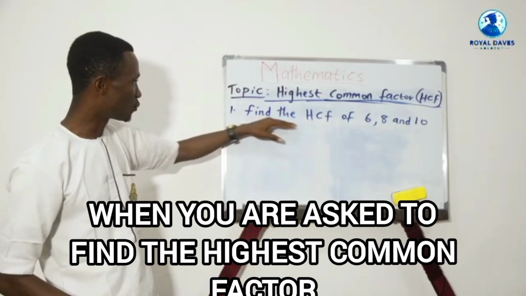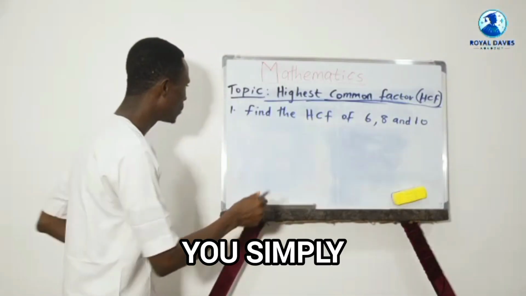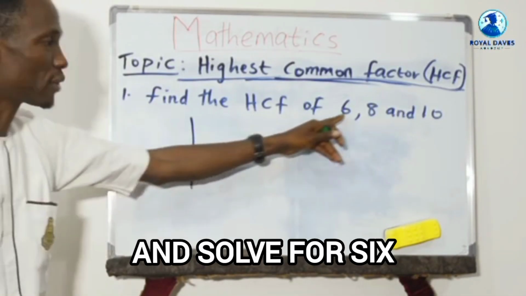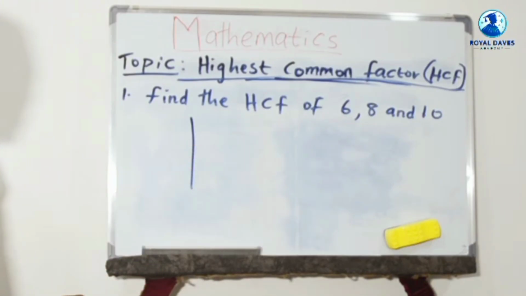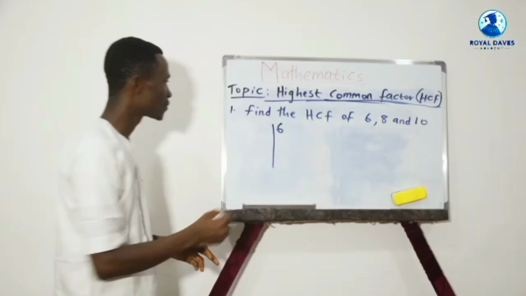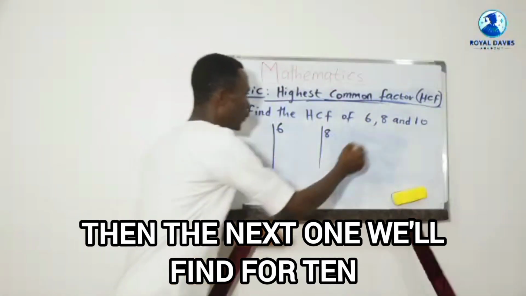When you are asked to find the highest common factor, you simply rule your line and solve for 6. You take them separately, one after another. Here we find the factors of 6. The next one we'll find for 8. Then the next one we'll find for 10.